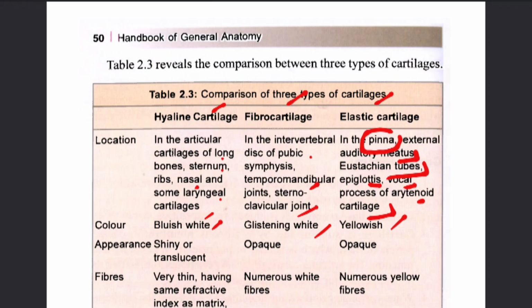We can't see through them. If we talk about fibers, hyaline cartilage has very thin fibers with the same refractive index as the matrix, so these are not seen. Why? Because the refractive index is the same. We can't see the fibers. Then in fibrocartilage, numerous white fibers are there, and in elastic cartilage the yellow elastic fibers are there.